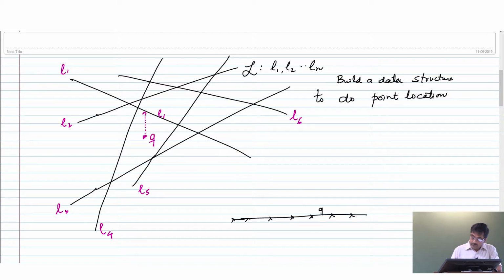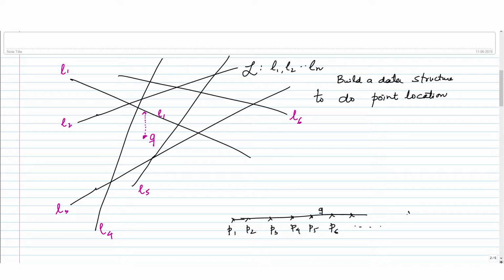Suppose my query point is here and these are my points P1, P2, P3, P4, P5, P6 and so on. Suppose I have some n points. Then the simplest thing would be to sort these points, and just report that Q lies between P5 and P6, and this you can do with a binary search, right.